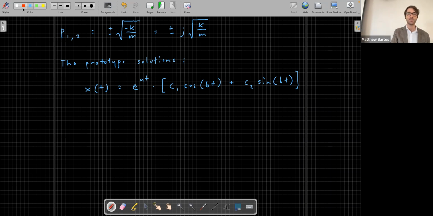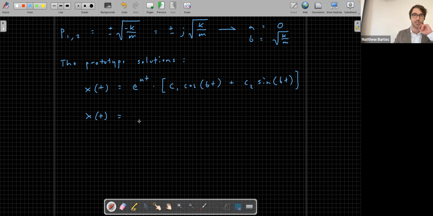We have that our a component, so a is going to be equal to 0, and b is going to be equal to the square root of k over m. Okay, so let's go ahead and substitute those in. We have that x(t). What does this evaluate to?